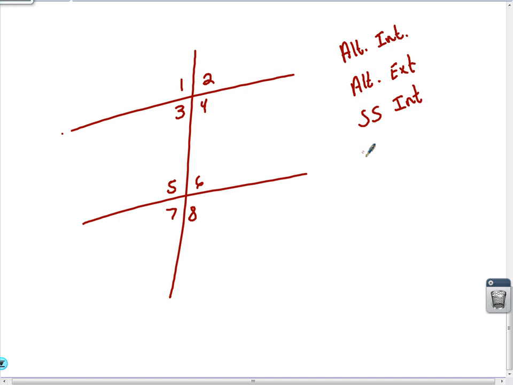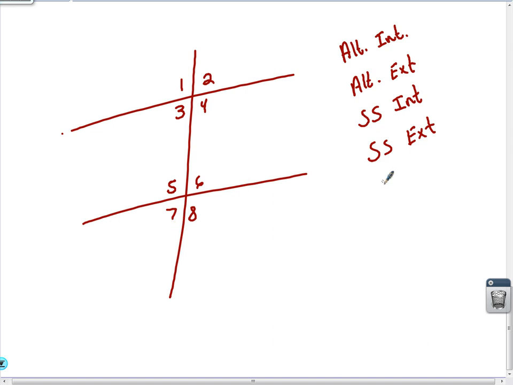Same side exterior. Rachel. 2 is an exterior angle. What's same side exterior with 2? Careful. Exterior. 2 and, this is interior here, right? So 2 and 8, 1 and 7. Those are same side exterior.